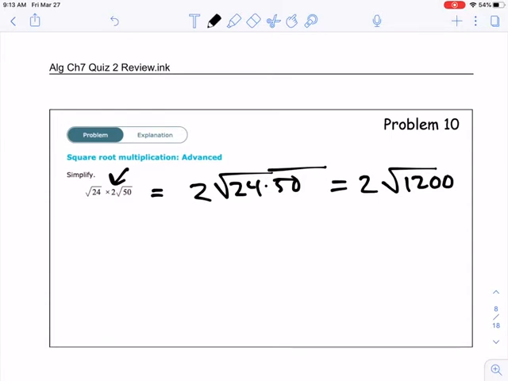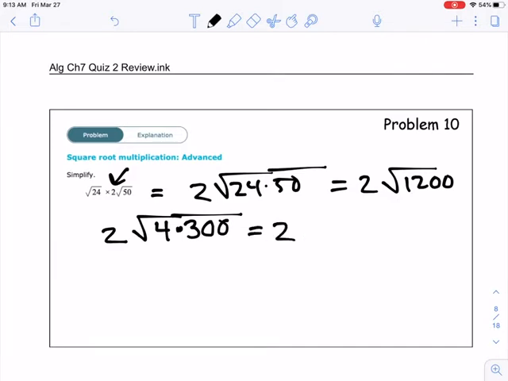All right, and then this is a good example where let's just start pulling 4s out of this because I know it'll be easy. So 2 times square root of 4 times 300. Okay, so that will get me started, right? Well, I know that I can probably pull another 4 out of 300, so let's try that again.